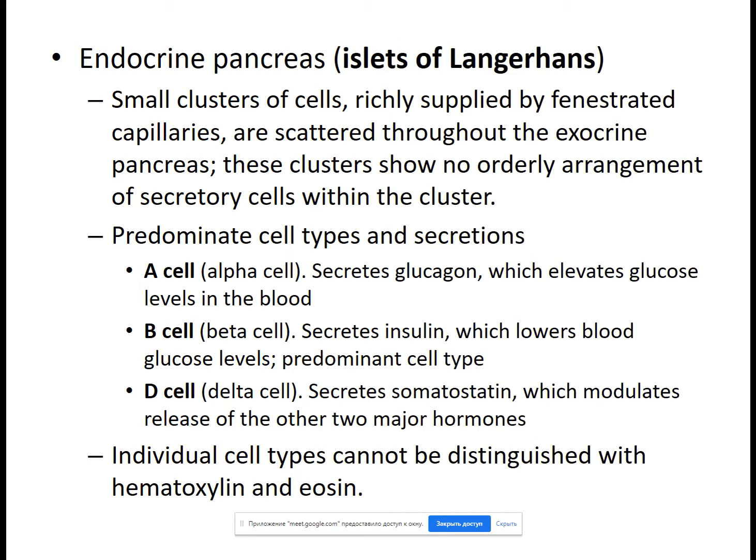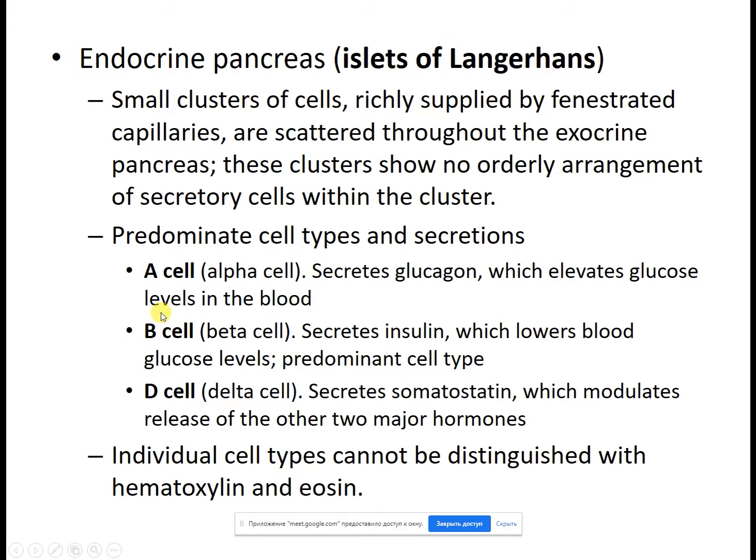I hope you heard: it's human starch, animal starch, in which carbohydrates are stored. Glucagon elevates glucose level by dissolution of this glycogen. We have collections of glycogen all over the body, and glucagon resorbs it and secretes it into the bloodstream. Then beta cells secrete insulin.